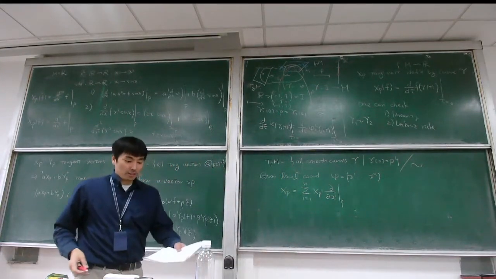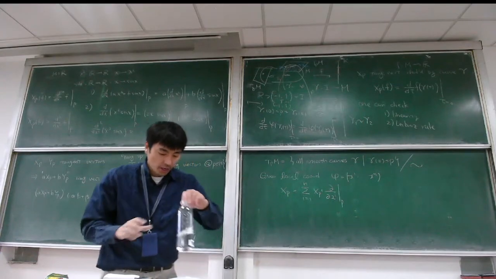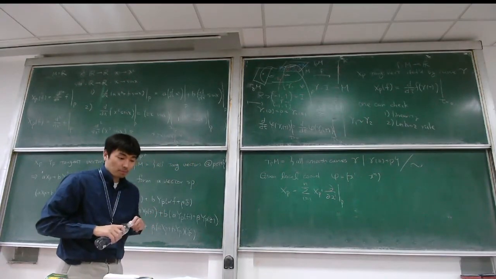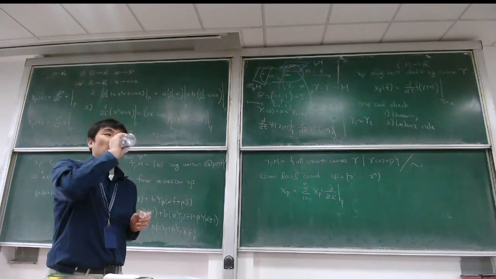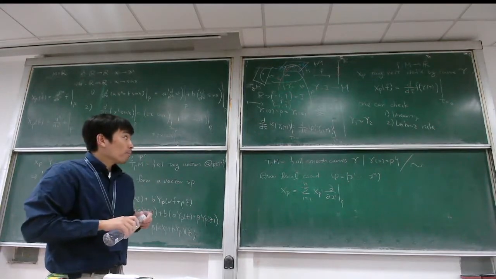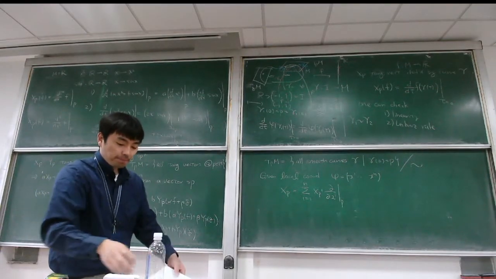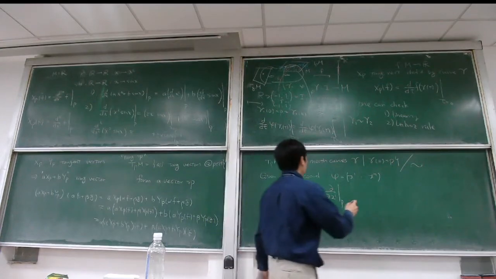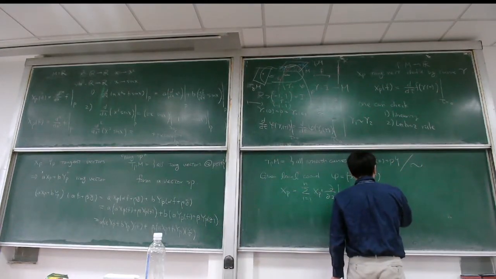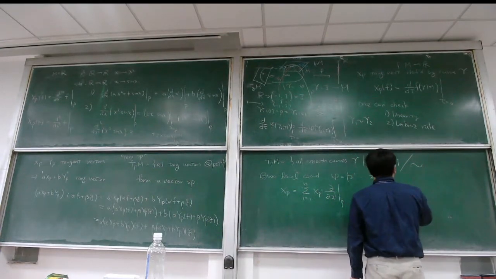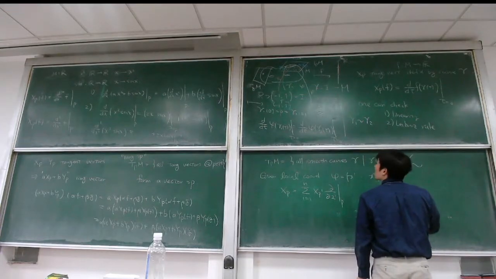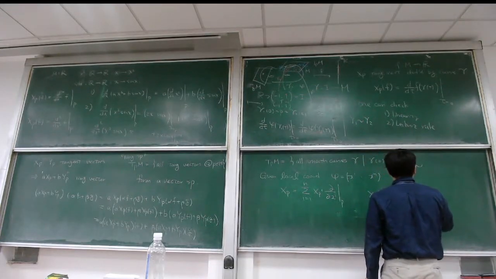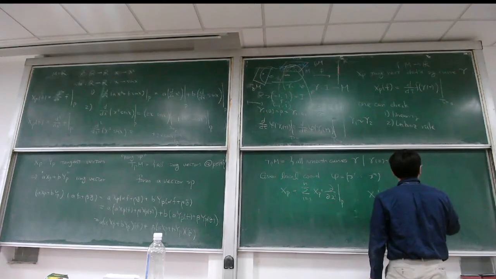Physicists always write it this way, where Xp^i is d/dt of x^i of gamma of t.